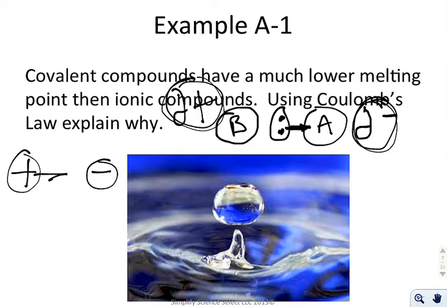Those two are going to be attracted to each other more strongly because they are complete charges. This is just a partial charge. It could be something like 0.001 charges. But as a result, there is a small attraction. So using Coulomb's law, we can say because the charges are greater in ionic bonds, the attraction between the two is greater.